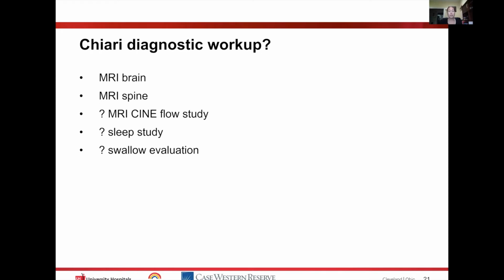And then in patients that don't really have any radiographic reason, so they don't have a syrinx and I'm not yet considering surgery, and perhaps their symptoms are not severe and we want to try conservative or medical management of headaches, I'll typically consider maybe a swallow evaluation or a sleep study just to make sure that there's not any occult aspiration or central sleep apnea that would be concerning, that would lean me in the direction of surgery when I otherwise would not be considering it.